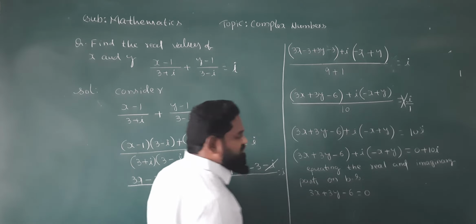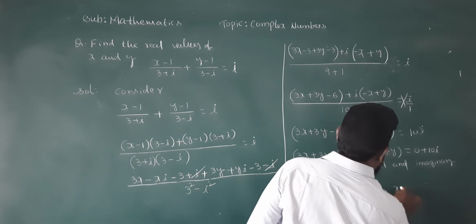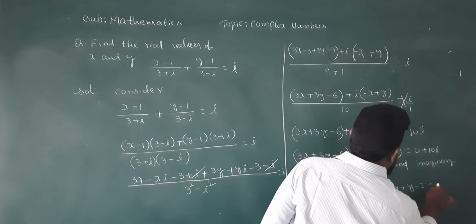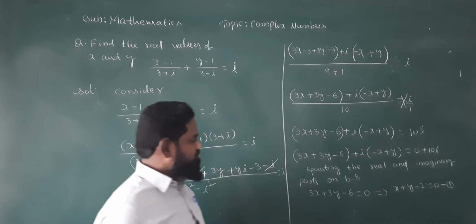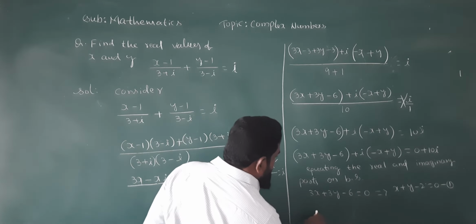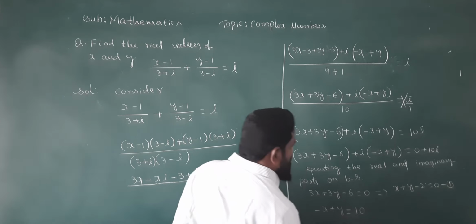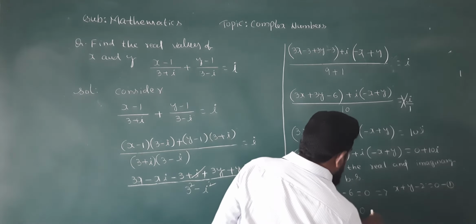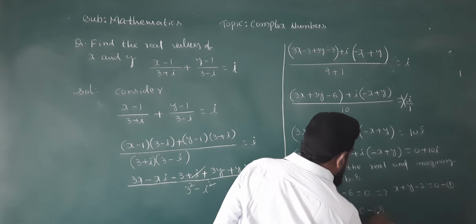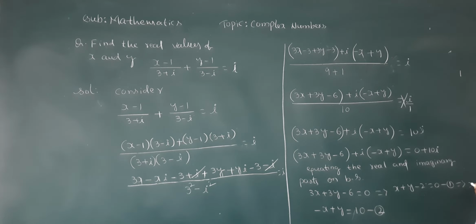Right side real part is 0. Taking 3 common: x plus y minus 2 equals 0. Let it be equation 1. Next, take the imaginary parts: minus x plus y equals 10. This is equation 2. Equation 1 can also be written as x plus y equals 2.